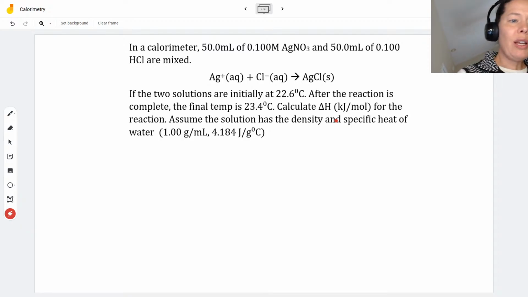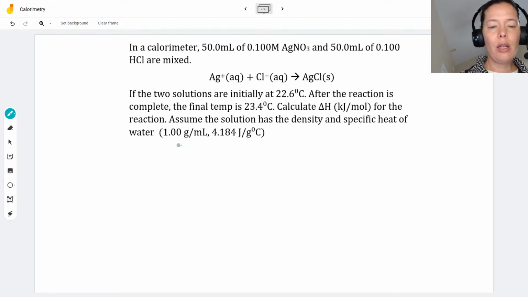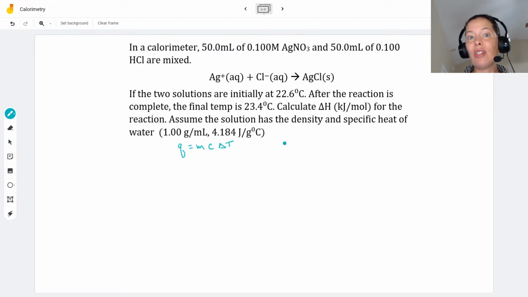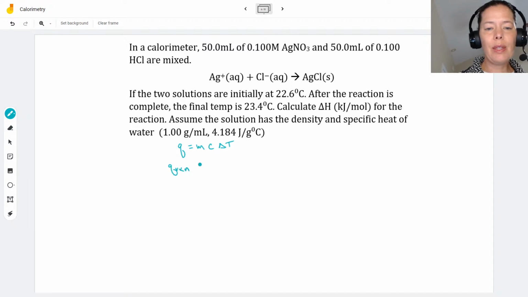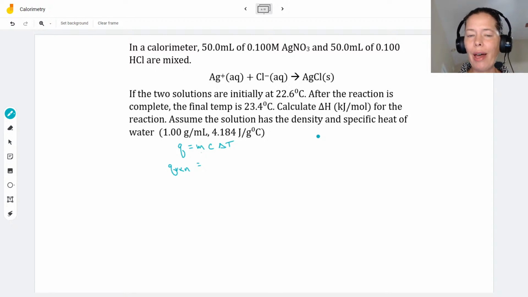All right, so we already know how to calculate Q. We need the mass, the specific heat, and the change in temperature. All right, and we'll call this Q of reaction. To find our mass, well, we aren't given anything in grams, so it's not like the previous problems where we were heating up a chunk of lead, right?